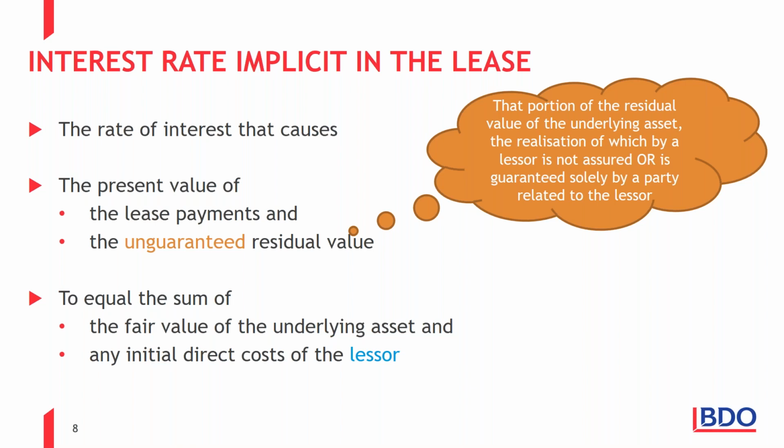And remember, the test is: is it readily determinable? So if we cannot readily determine our unguaranteed residual value, or we cannot readily determine the initial direct costs of the lessor, not our initial direct costs, but those of the lessor, then one could say, hang on, it's not readily determinable. So that's really why I've focused your attention on that.